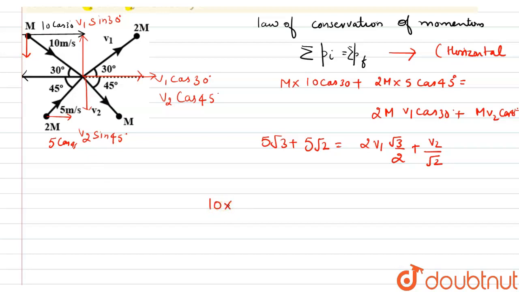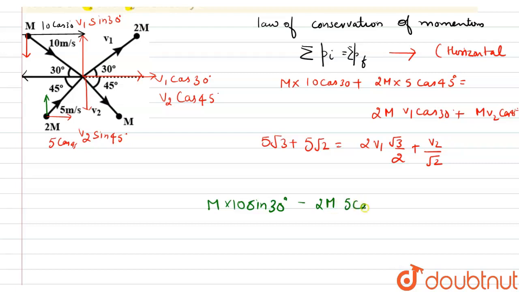First, m into 10 sin 30, and its velocity is opposite to this. If this velocity is opposite to this, we will take a negative sign.